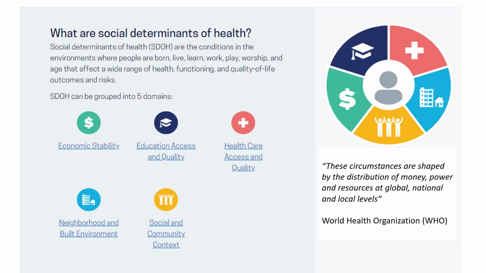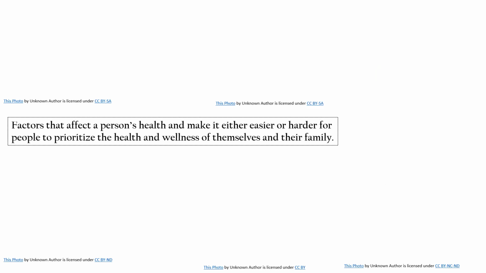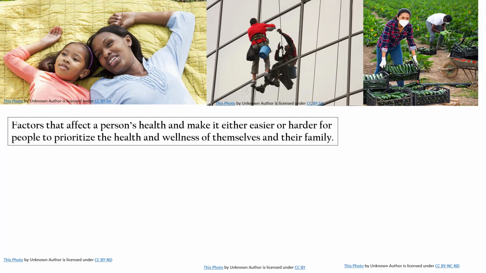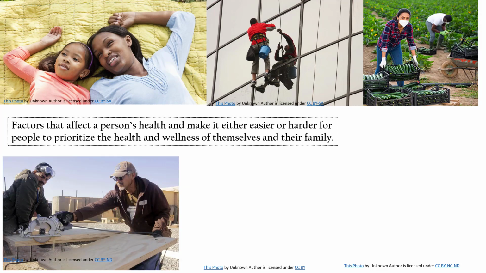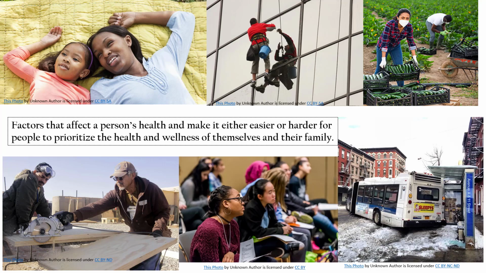The World Health Organization's definition further explains that these circumstances are shaped by the distribution of money, power, and resources at global, national, and local levels. So simply put, these are the factors that affect a person's health and make it either easier or harder for people to prioritize the health and wellness of themselves and their family.